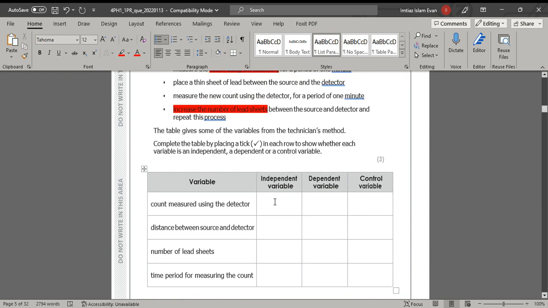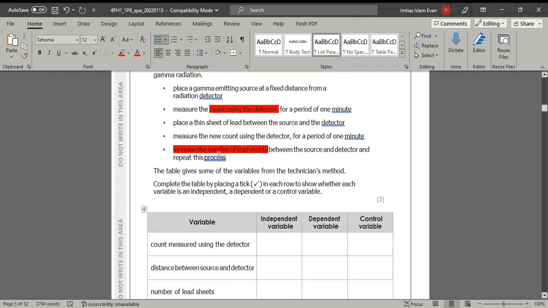So we know what the independent variable is. The independent variable is a variable which the experimenter changes. If the one who is doing the investigation changes any variable, that is called the independent variable. In this case, we are increasing the number of lead sheets and keeping them in between the source and the detector.